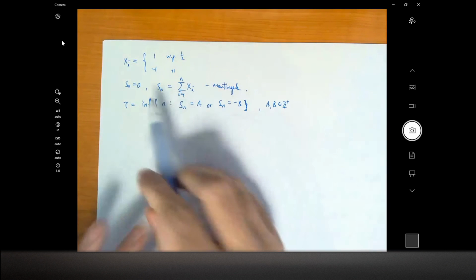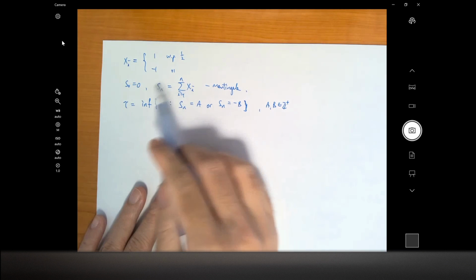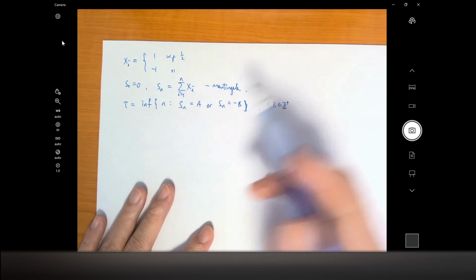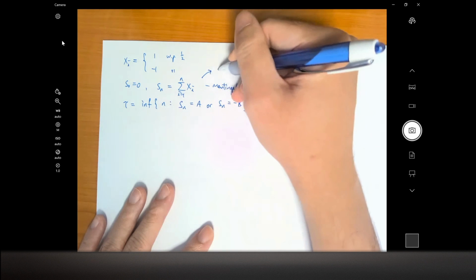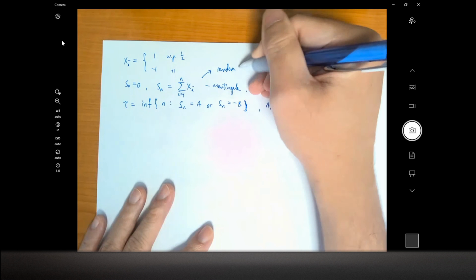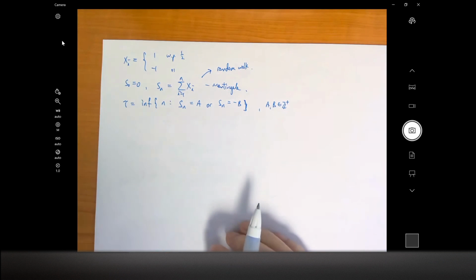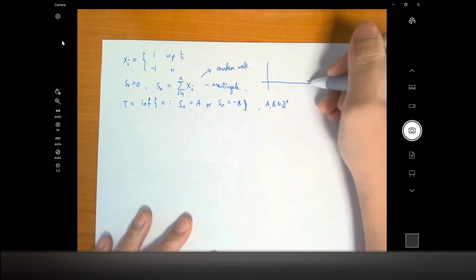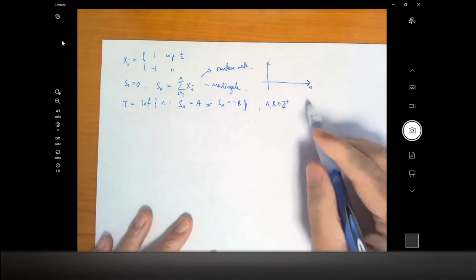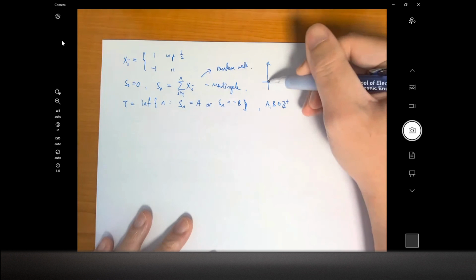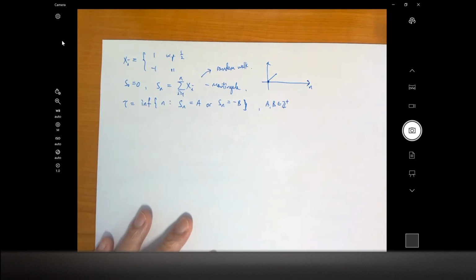Right, so what is this? If you look at this sum, each time you are either +1 or -1. So we can think of this as actually a random walk. Each time you are either going up one step or going down one step. So if you plot S_n over the index n, starting from S_0 equals 0, maybe with probability half it goes up by 1 in the first time step.